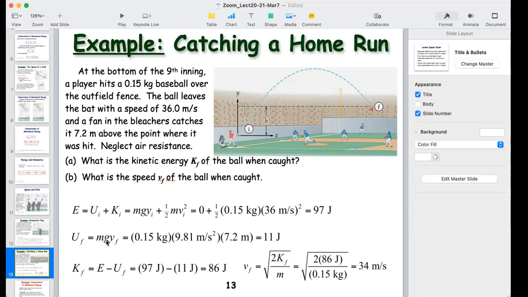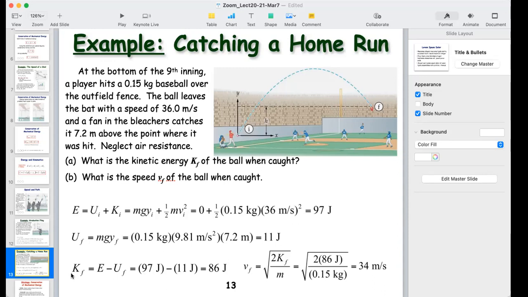Okay. In the final position, what we have, U final. U final is mgy final. So we know the mass, we know g, we know y final is 7.2 meters above the point where it was hit. So 7.2 meters is y final, and I found that U final is 11 joule. Now you remember that E is also equal, by the conservation of energy, to U final plus K final.